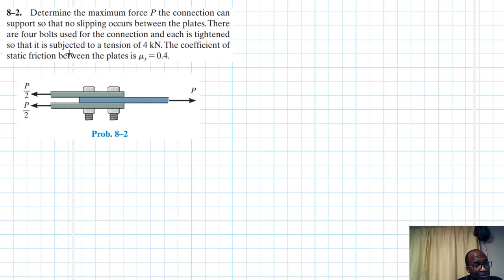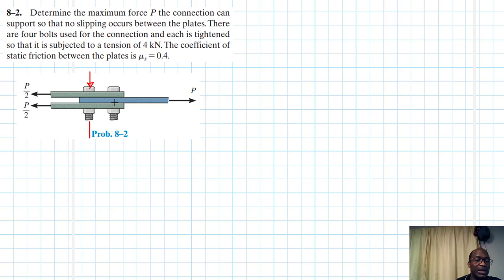Right, so this is what we have right now. If I was to just show, we have some tension force, of course the bolts are, they've been tightened. So we are tightening them, so they are tensioned, right?